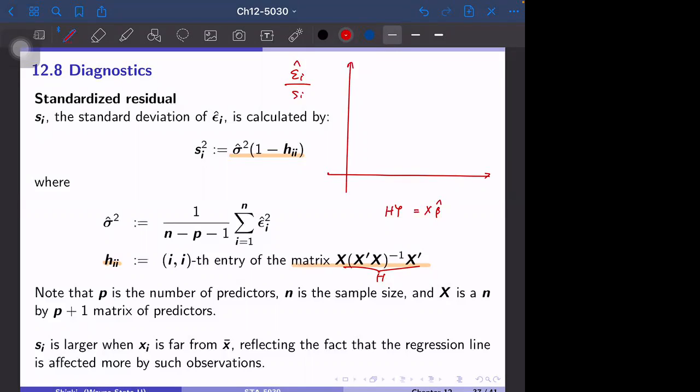Think about the case that most observations are around the center, but there is one observation here and one observation here. Then these two observations have large influence on the regression line. Probably the regression line becomes like this, because basically this point and this point determine the regression line.